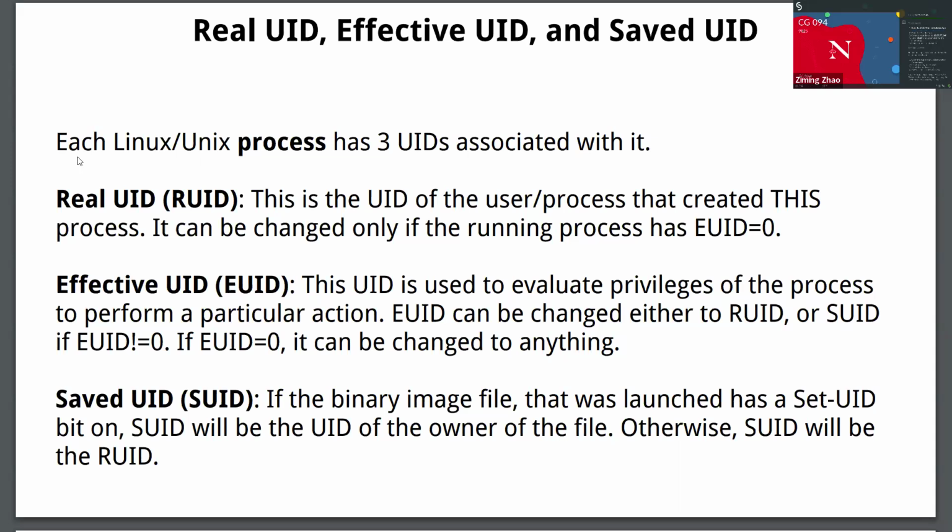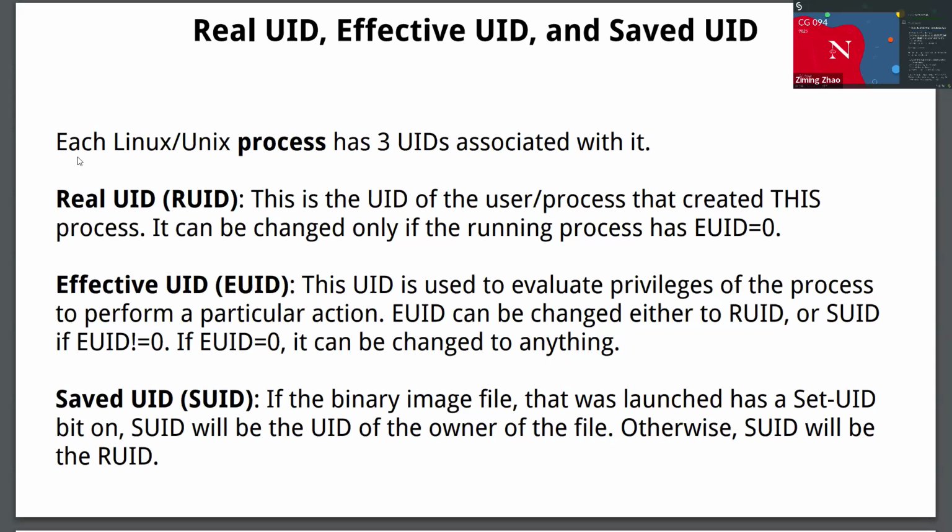So the real UID for a process is basically the user ID of whoever created the process, because not only users can create a process, a process can also create a process. A process's real ID is the ID of whoever created that process.